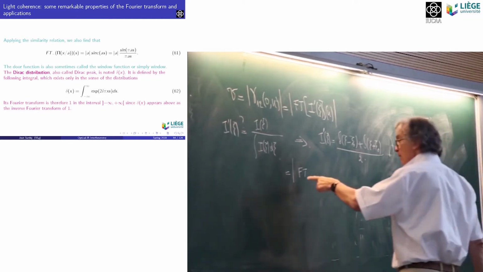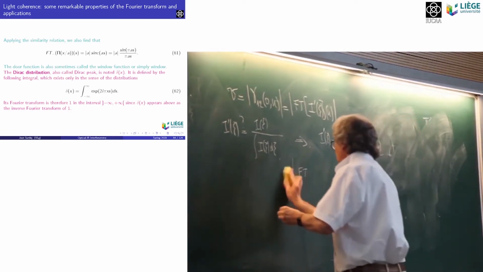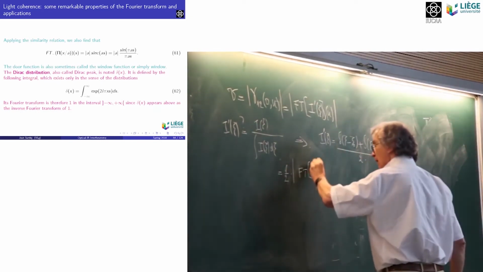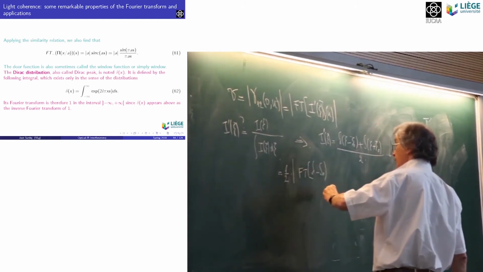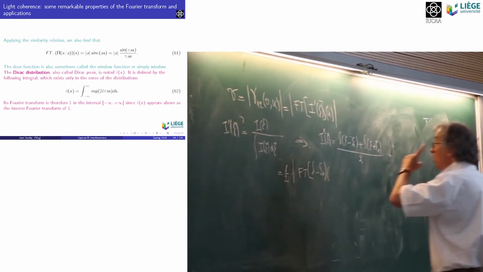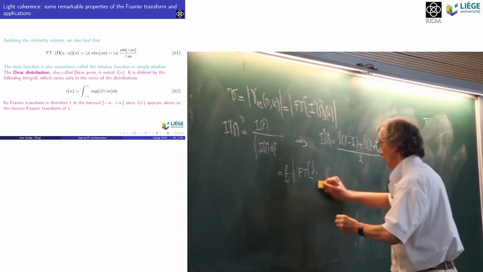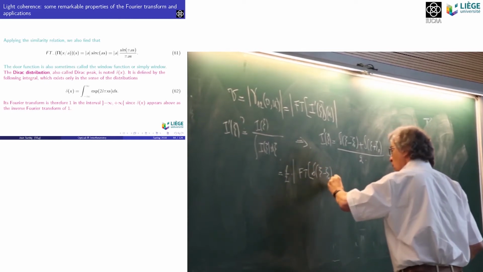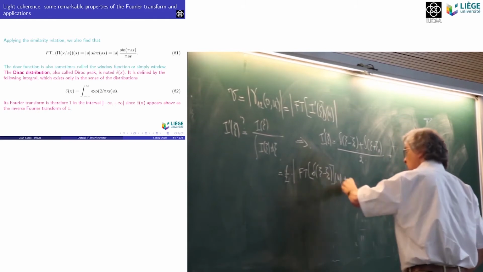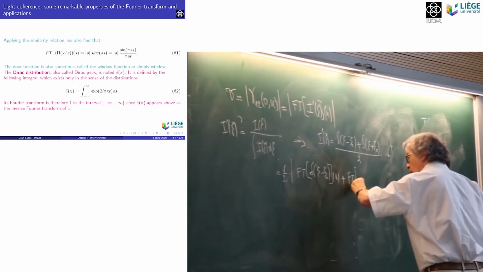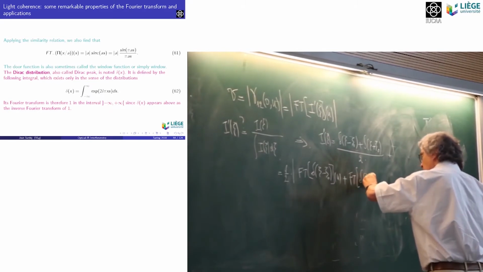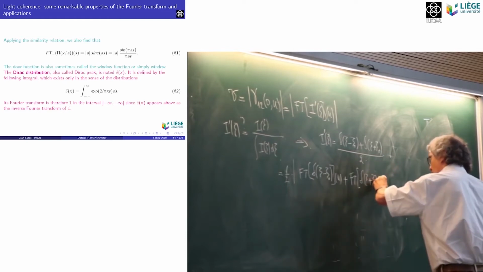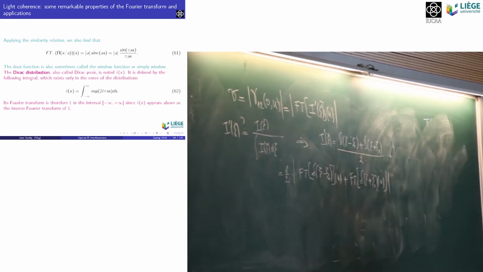So there will be 1/2 times the module of the Fourier transform of δ(ζ − ζ0) of u plus the Fourier transform of δ(ζ + ζ0) of u. Do you agree with that?